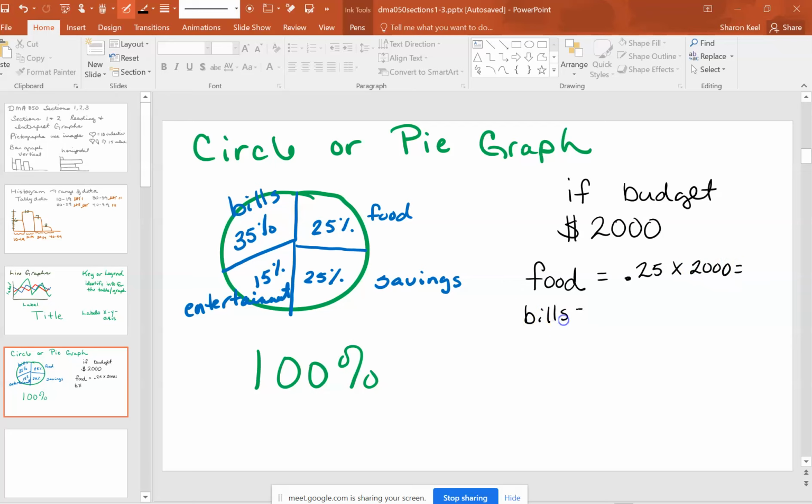If the bills was 35%, 35 divided by 100 is 0.35, multiply that by 2,000. For the entertainment being 15%, you would multiply the 15% times the 2,000, and the savings is going to be the same amount as what you spend on the food. And I was just making these up.